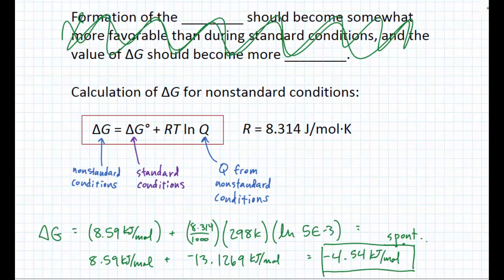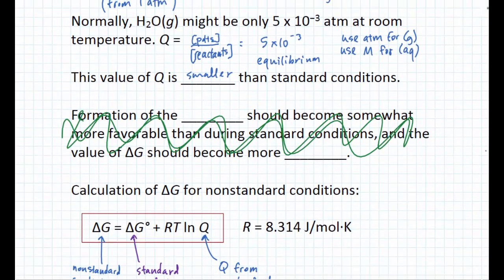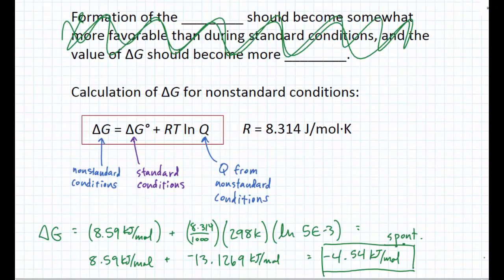Right? So this obviously here is lower than the vapor pressure of water. If the water was 100% relative humidity, okay, then these two values would cancel each other out, and delta G would equal 0.